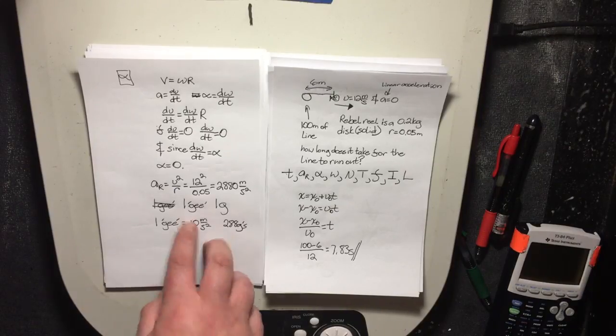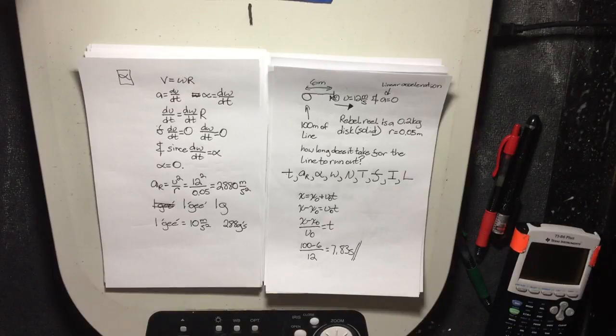But that's the story behind, well, what's a G? It's literally a unit of 10 meters per second per second, or 1 gravity of acceleration. So that thing is spinning around at 288 Gs. Well, what is the omega?